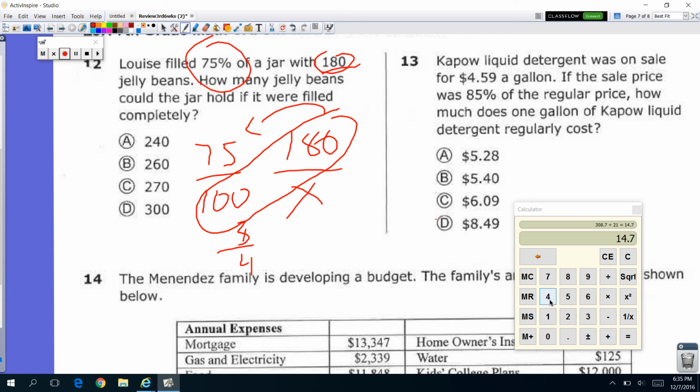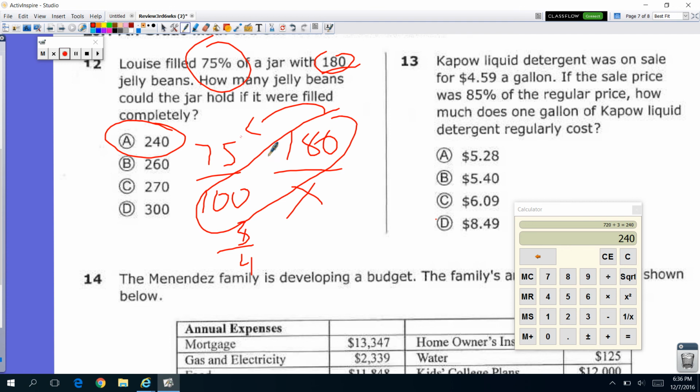4 times 180 is 720, and then I'm going to divide it by 3, and I get 240, which is exactly that.